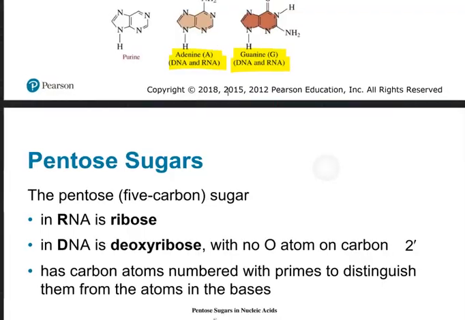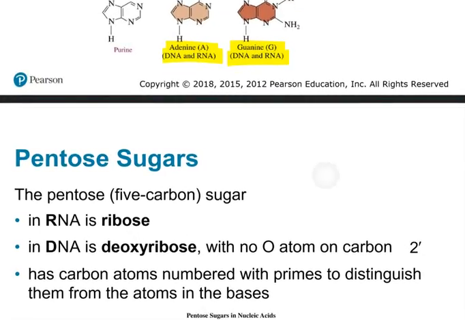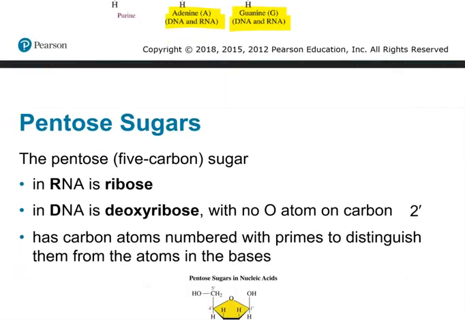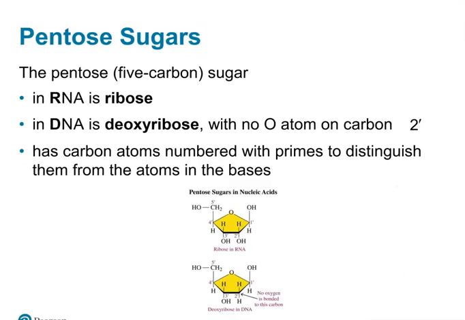Now, as we already figured out, there are also pentose sugars involved. So you may remember pentose means there are 5 carbons.